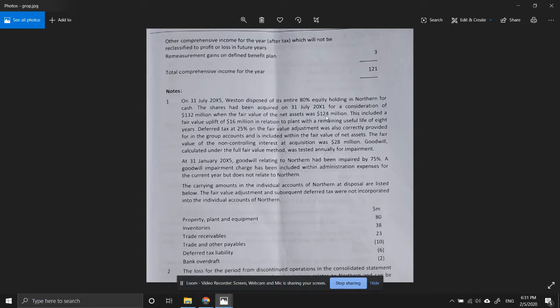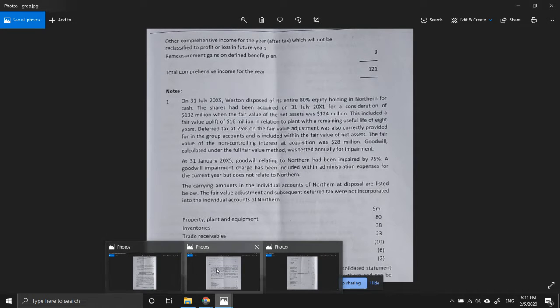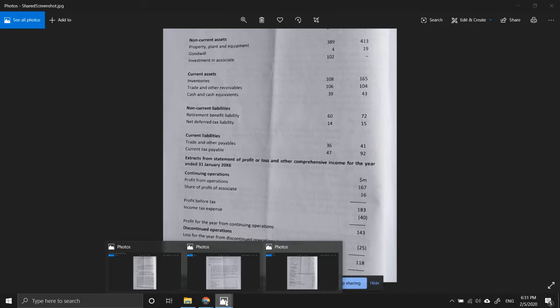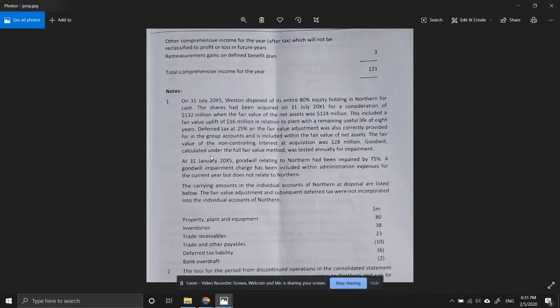Weston disposed of its entire 80% equity holding in Northern for cash. The shares had been acquired on 31st July 20x1, and disposed on 31st July 20x6. Is it a mid-year disposal? Yes, it is a mid-year disposal.